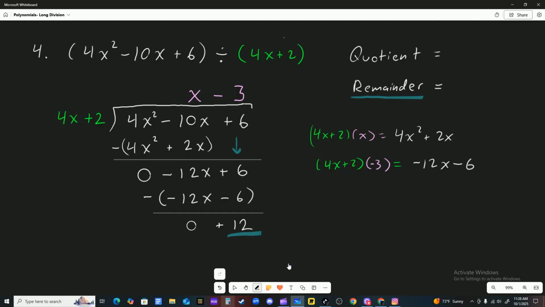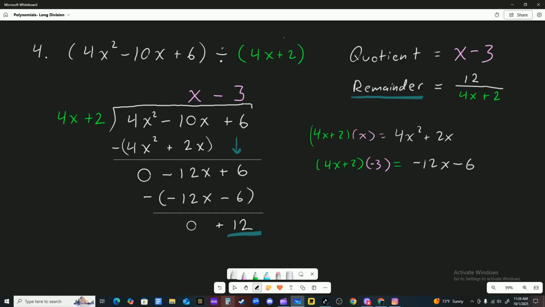So what's our quotient? Our quotient in this case is going to be x minus 3, right? And our remainder is 12 over 4x plus 2.